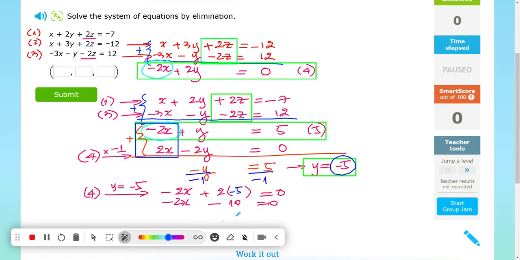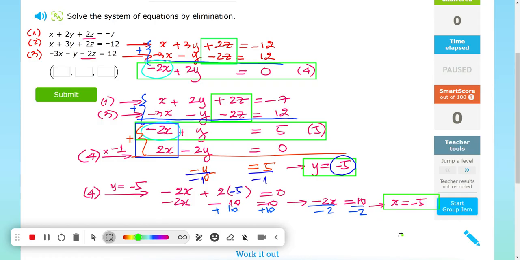Okay, so I should add 10 on both sides, so I come out with negative 2x equals positive 10. Okay, divide by negative 2 on both sides, then I come out with x equals negative 5. All right, x also equals negative 5. Very good. Here we go.